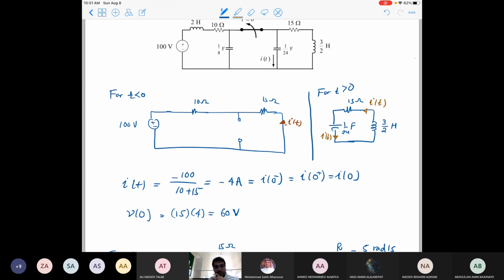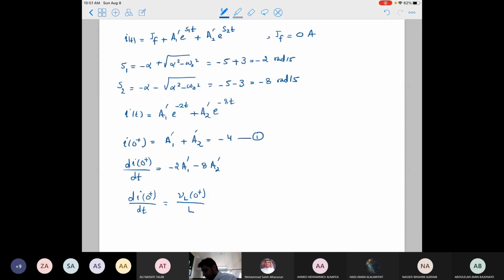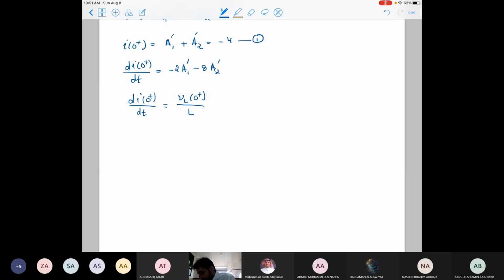I know the current passing through the resistor is going to be continuous, because here the current passing through the resistor is the same as the current passing through the inductor. So in this case, I can apply KVL.